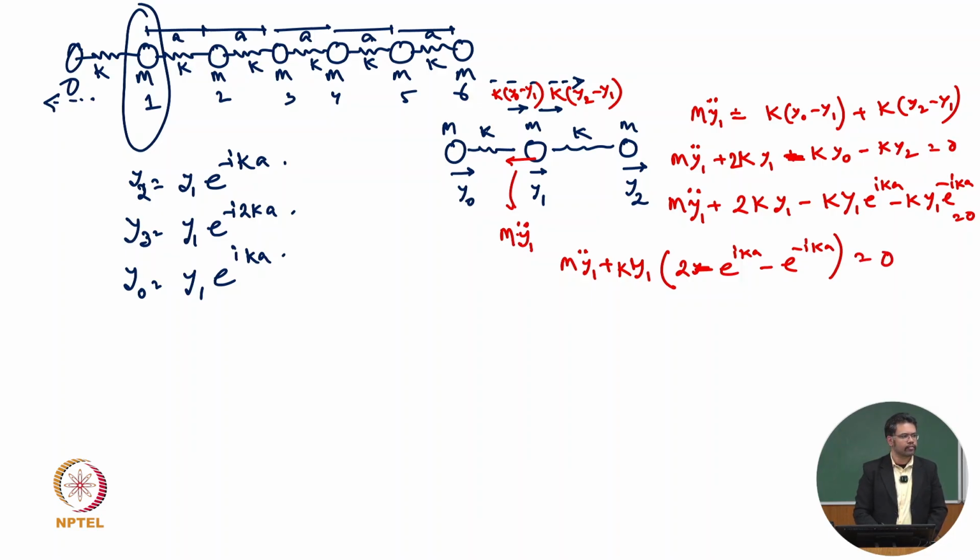Agreed, all of you. Okay. Now if you are agreed, think: what is this term? 2 minus e to the power of i k a minus e to the power of minus i k a. How can we write it?